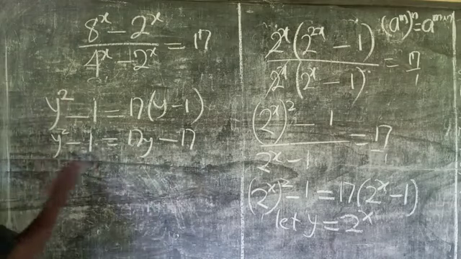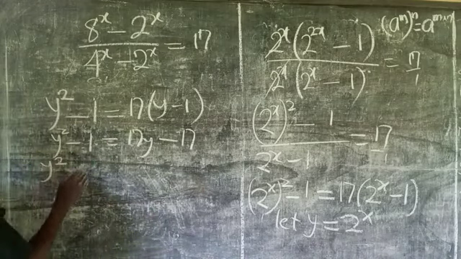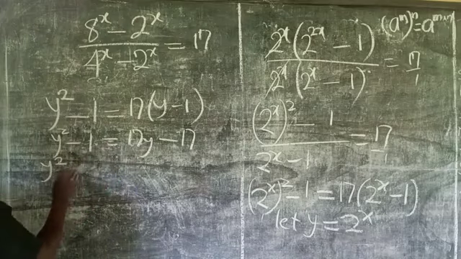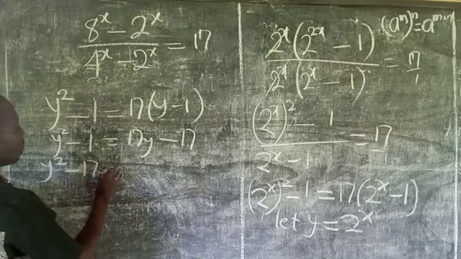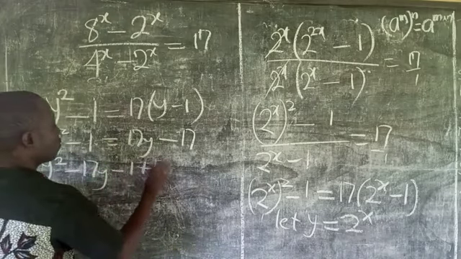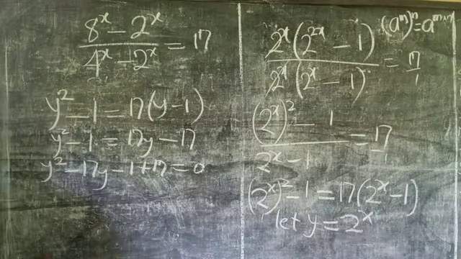If we collect like terms, we're going to have y squared. If 17y comes to this side, it becomes y squared minus 17y minus 1 plus 17 equals 0. Now minus 1 plus 17 is 16.